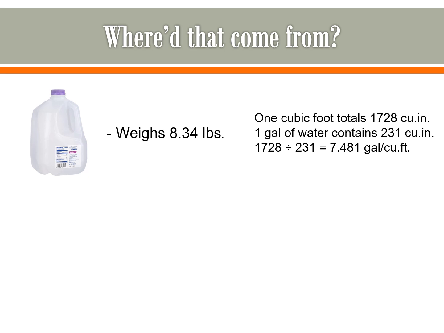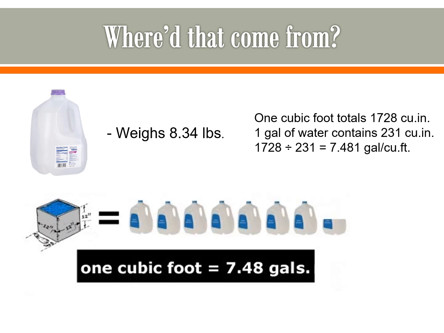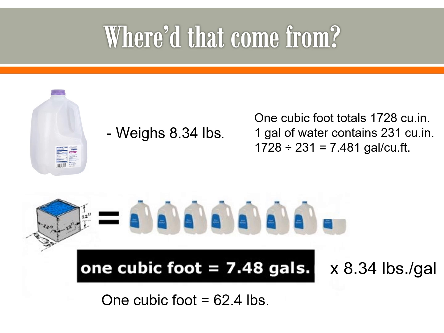So that's where that number comes from, if you didn't already know. All right, so if you were to multiply that 7.48 gallons by 8.34 pounds per gallon, your gallons cancel out and you're left with 1 cubic foot equaling 62.4 pounds.